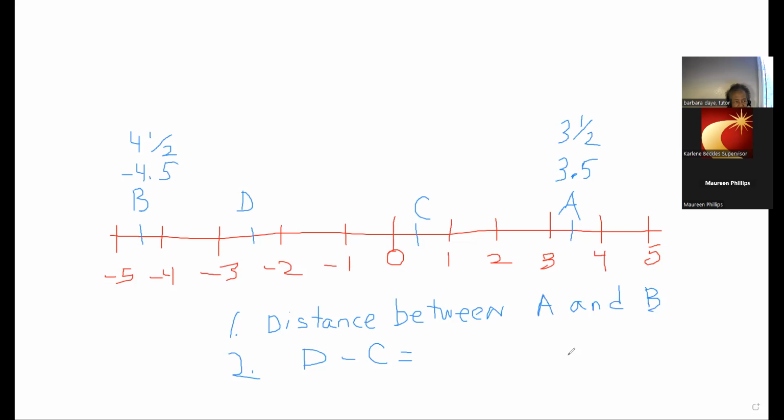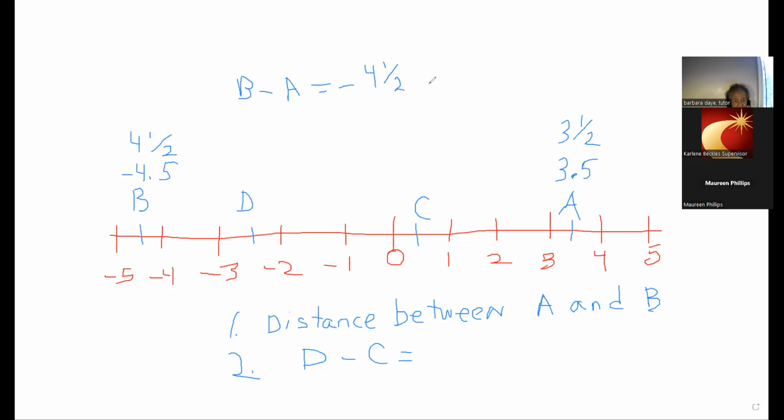So you could say A minus B, or you could say B minus A. So what would you get if you said B minus A? Okay, so the value of B is minus 4 and 1/2, right?